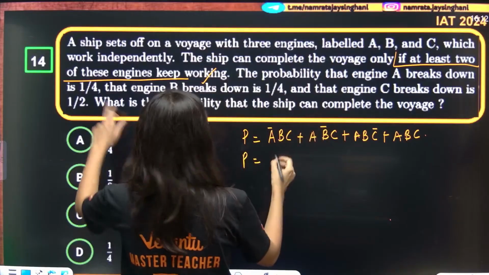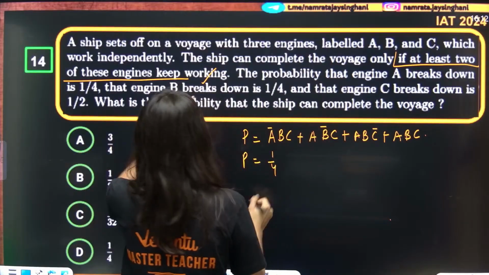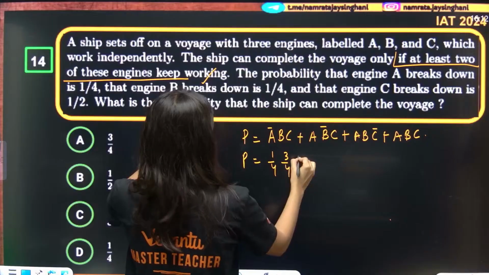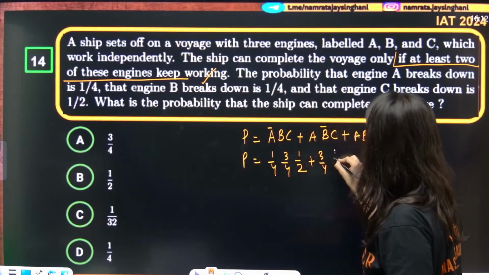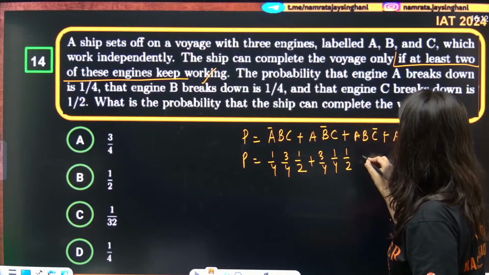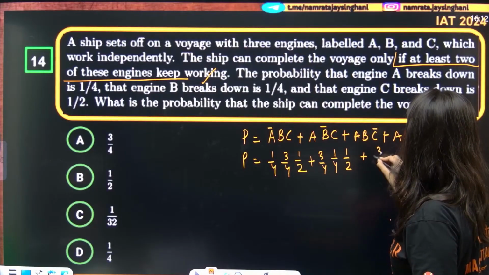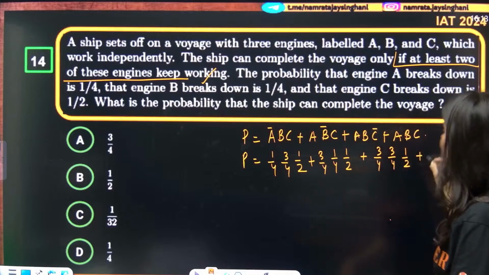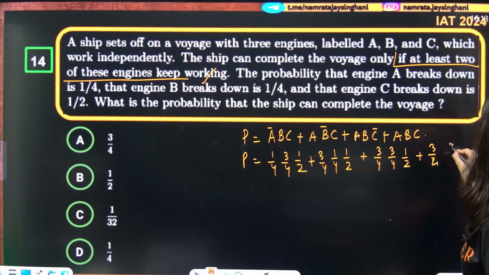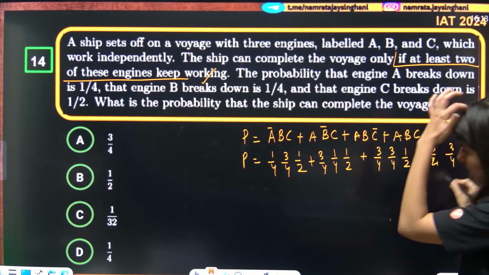So probability, A is not working, that means A breaks down is 1 by 4, B is working, so 3 by 4, C is working 1 by 2, plus this time A working 3 by 4, B not working 1 by 4, then 1 by 2, plus this time A working 3 by 4, B working 3 by 4, this is half, plus all 3 are working, 3 by 4, 3 by 4, half. Okay.